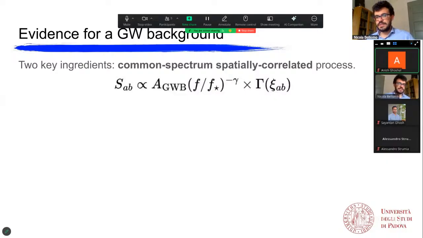In this scenario, I would like to emphasize the two parts: the common spectrum and spatially correlated. These parts are connected with the shape of the spectrum in the frequency domain, and the fact that this spectrum depends on the pulsar positions through what is known as the Hellings-Downs curve.